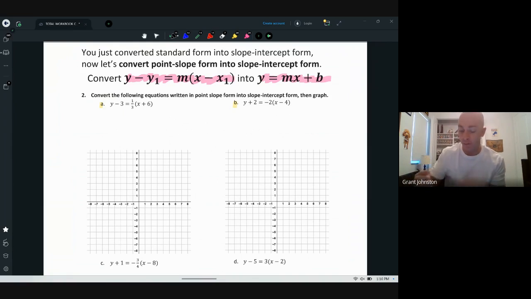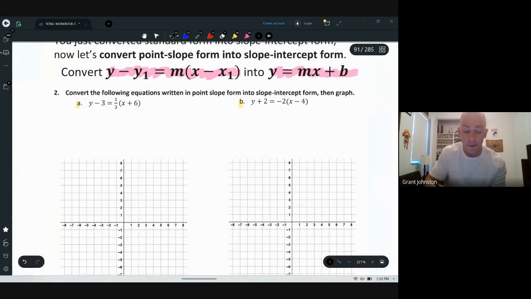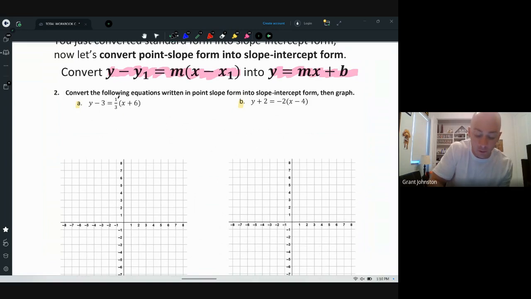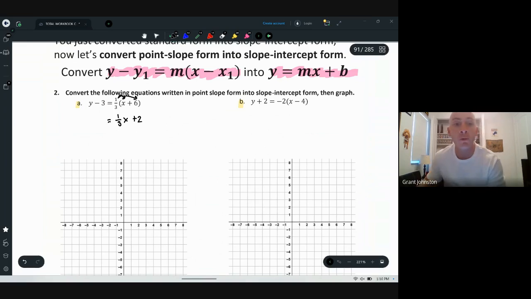So I'm going to distribute first because I have a 1/3 times the parentheses x plus 6. So 1/3 times x is just 1/3 x. 1/3 times 6 is 2.